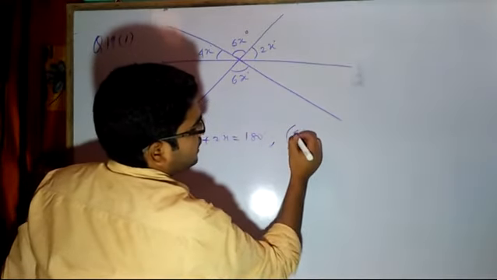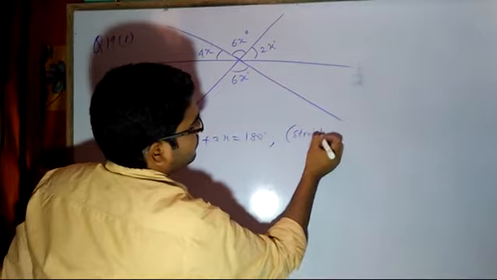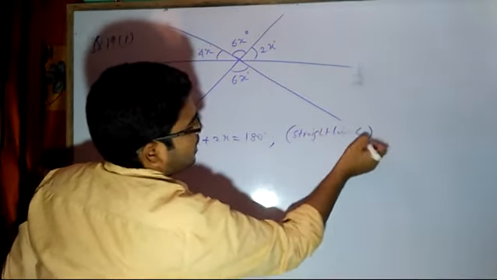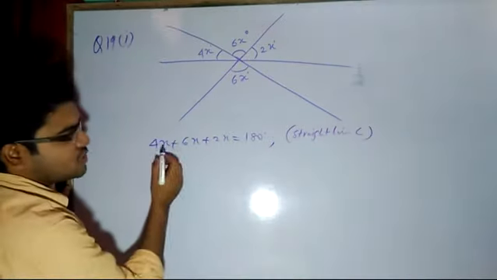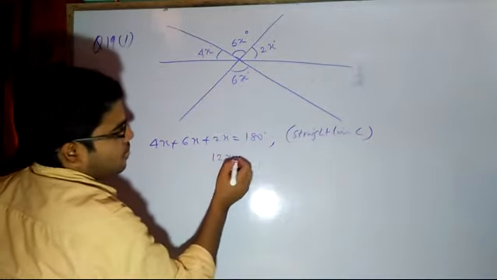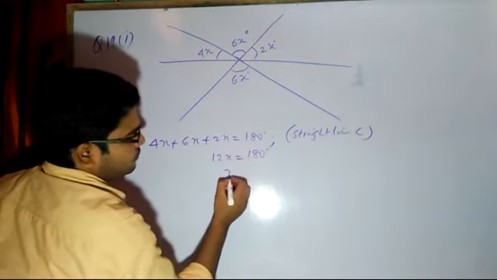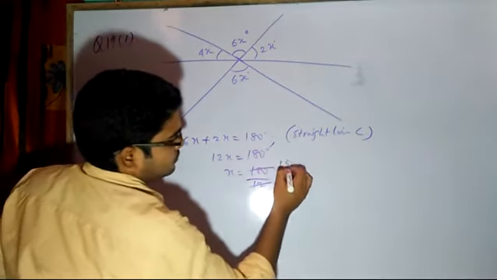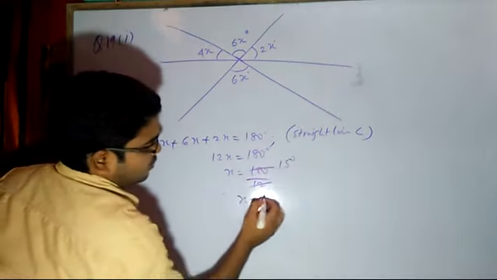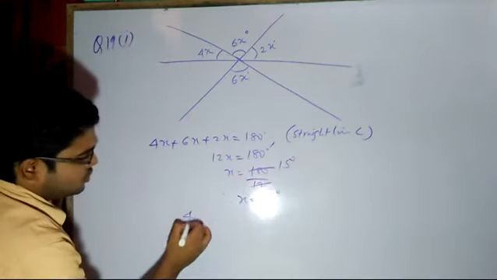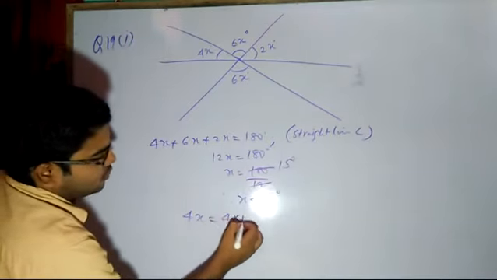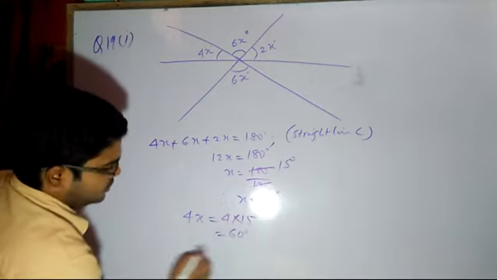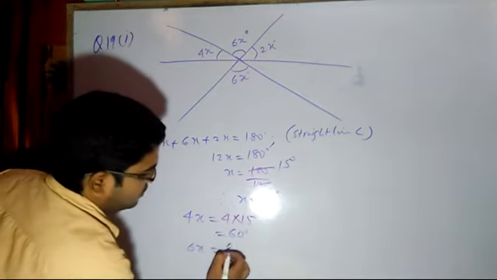The reason will be straight line angle. Now 6 plus 4 is 10, plus 2 is 12x. Therefore x is equal to 15 degrees. Similarly, 4x is equal to 4 into 15, which is 60. 6x is equal to 6 into 15, which is 90.